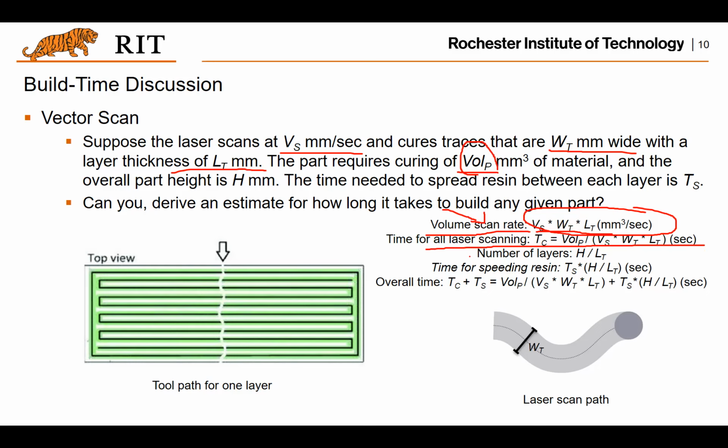Then let's talk about the time in between the two laser scannings. Now we have the overall height H and the layer thickness LT, and that gives us the number of layers. For each layer, there will be a handling time. Let's assume the time needed to spread the resin in between layers is TS.